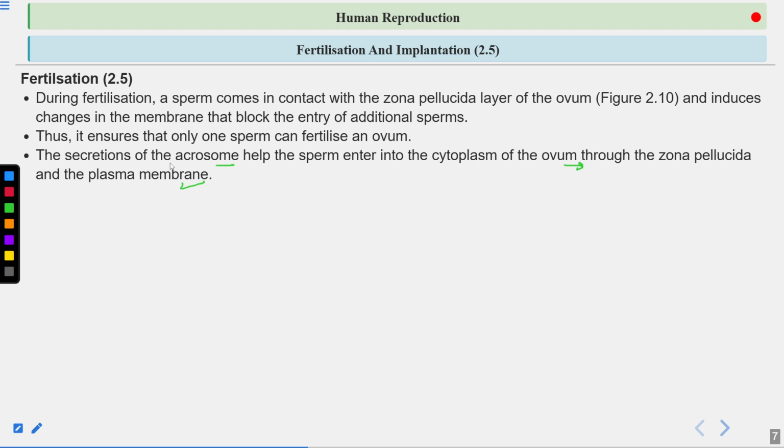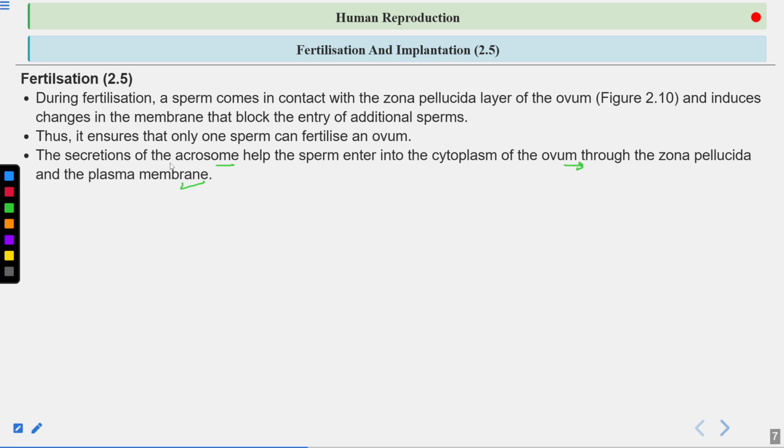It makes the sperm capable of fertilizing the egg. Certain physiological changes occur in the sperm which make the sperm capable of fertilizing the egg. Now it can fertilize the egg.